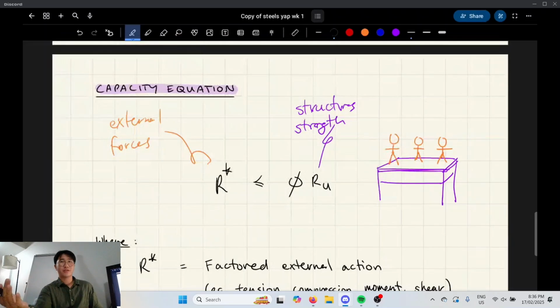You need to know how strong it is based on how big it is and its material strength. If the tradies are 100 kilos each, so 300 kilos of external load, and your structure can take 300 kilos of load, do you see a problem with this?